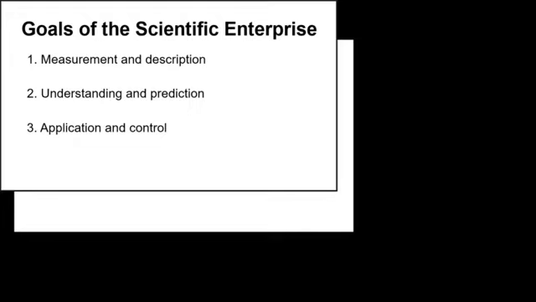The first of our goals is measurement and description. We want to look in more depth at a particular phenomenon that we observe. Maybe we've noticed a particular behavior on campus, so we would like to quantify it, measure it, and then tell others what we've observed.